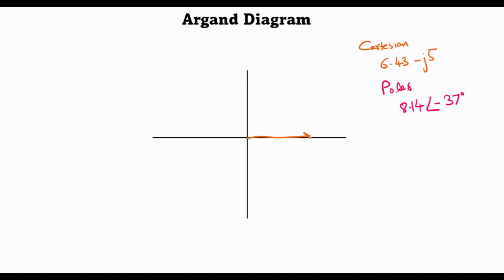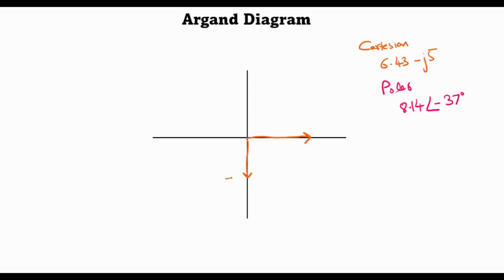So 6.43 will be along the real axis and minus j times 5 will be along the imaginary axis in the negative direction.